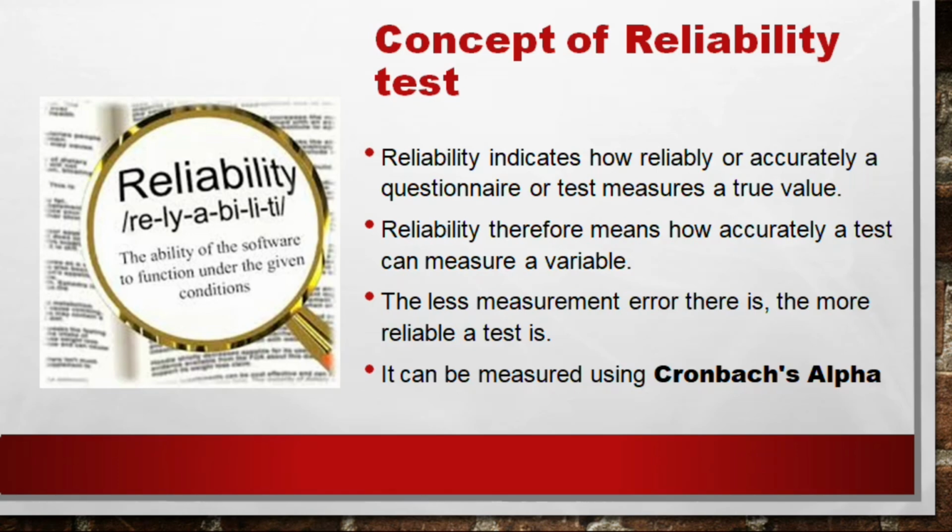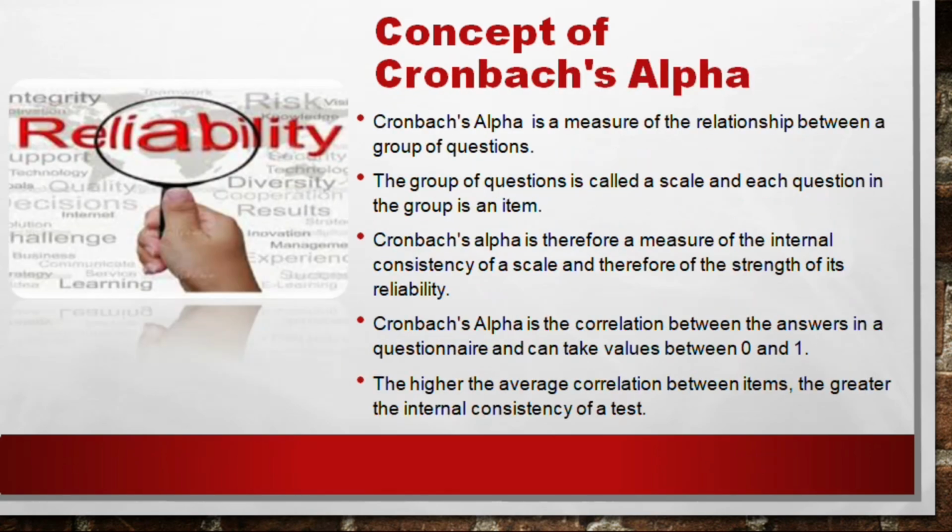I'll also show you how to use other ones like split-half and parallel methods. Okay, but this is of interest to us here in this training. Cronbach's Alpha is a measure of the relationship between a group of questions. Sometimes you look at a standard questionnaire.